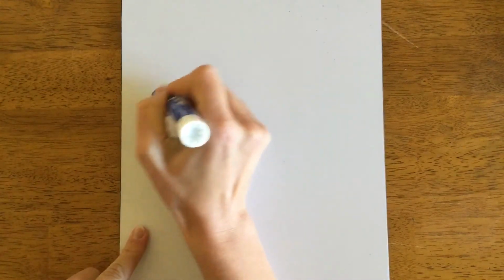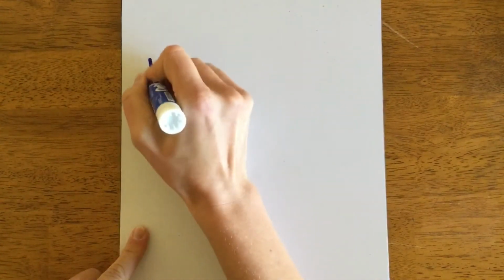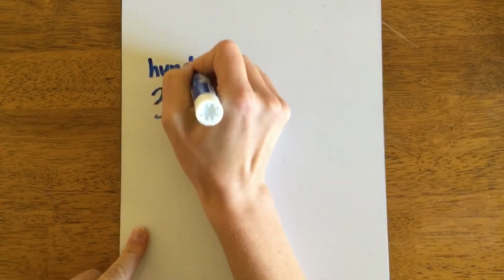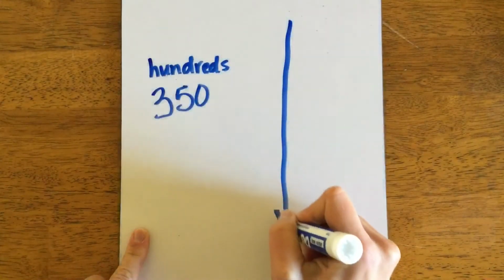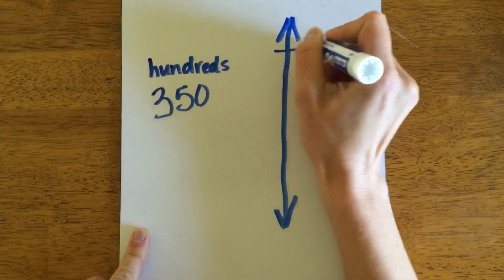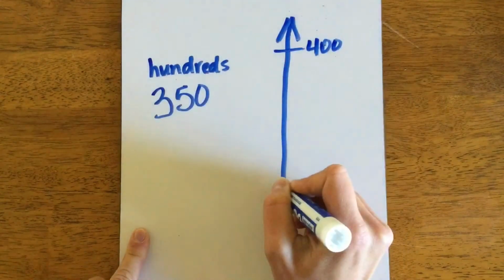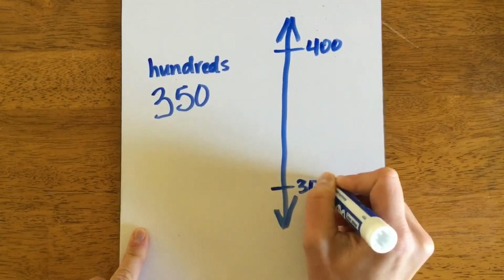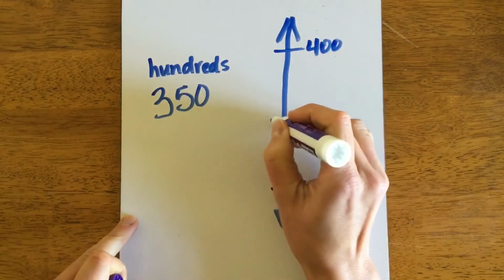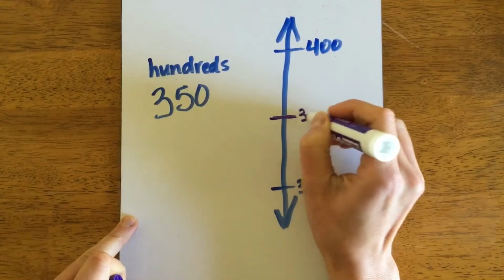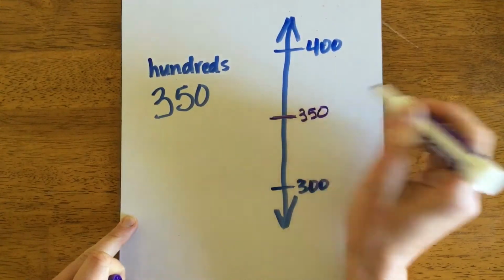Let's think about a 3-digit number. If I want to round the number 350 to the nearest 100, I'll place my hundreds on the top and bottom of my number line, like so. 400 goes up top, and 300 goes down on the bottom. We know that 350 goes directly in the middle of 400 and 300.